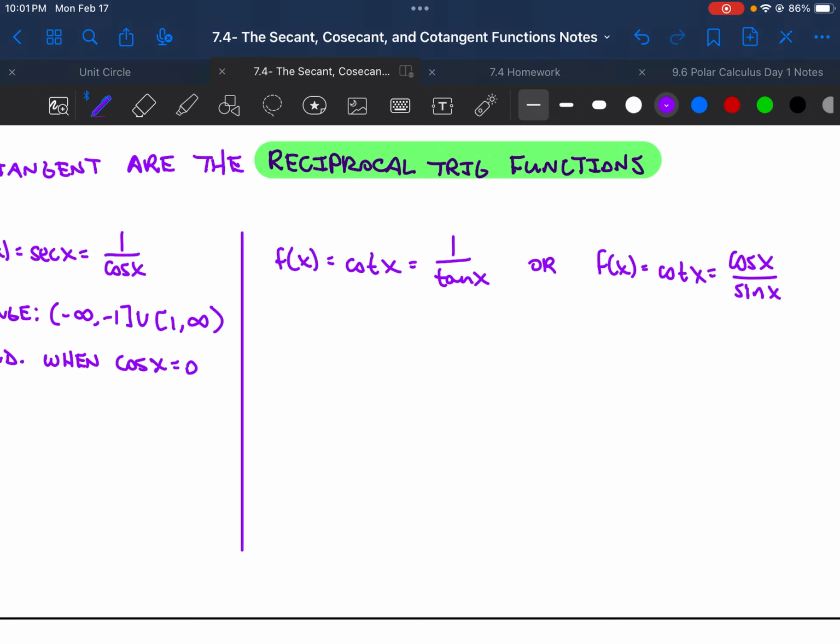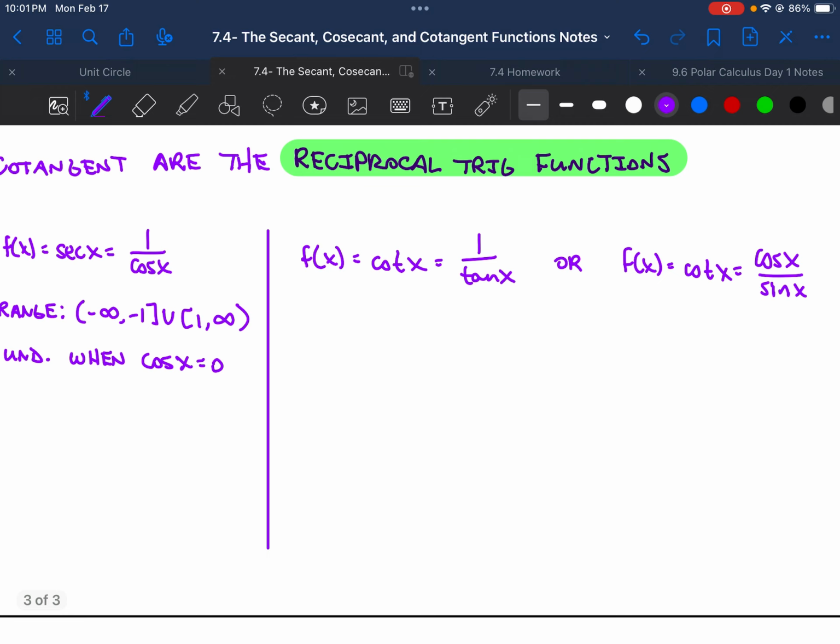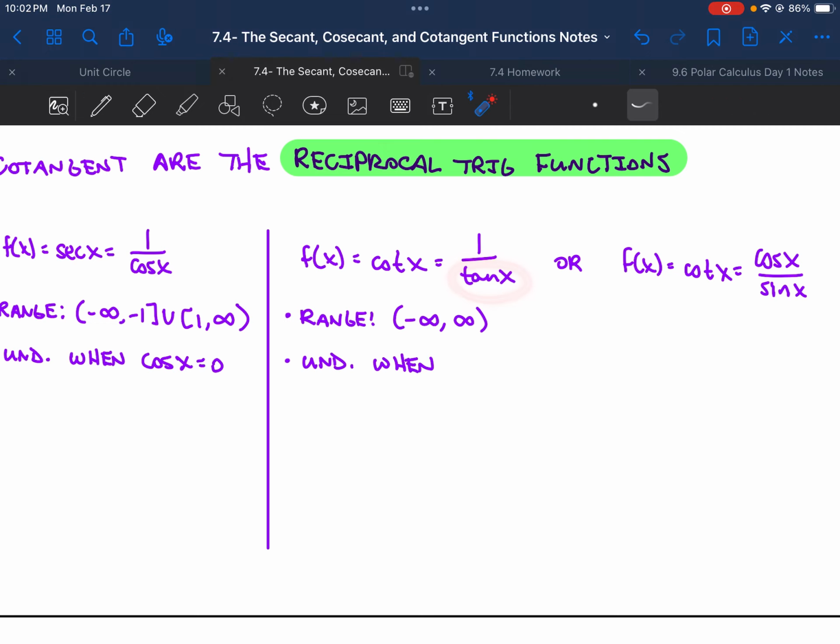All right. Its range, you can see it from the graph that we sketched. Its range is negative infinity to infinity. And cotangent is undefined. You can look at it two ways, either when tangent of x is equal to 0 or when sine of x is equal to 0.